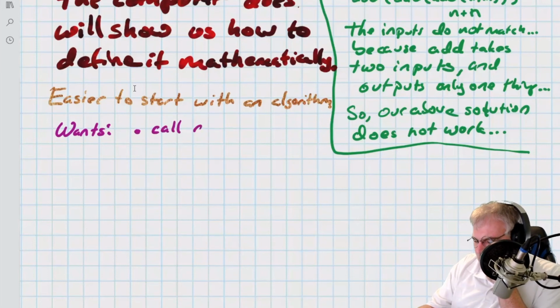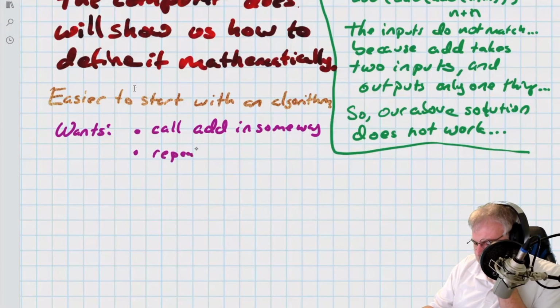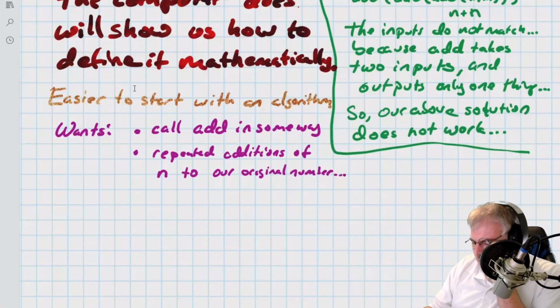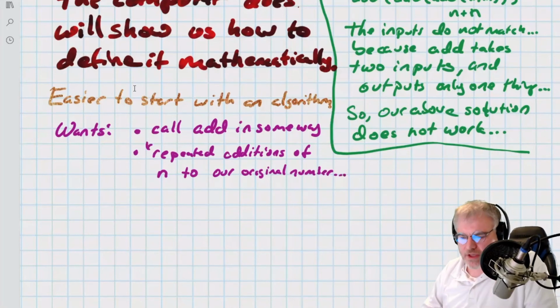We want it to call add in some way. What else do we want to do? We want repeated adds. We want k repeated additions of n to our original number.